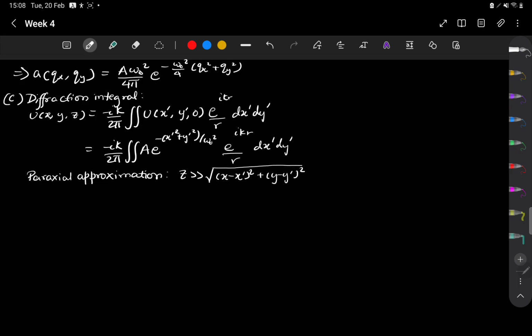This is the paraxial approximation. So let us look at how we will represent R in Cartesian coordinates.